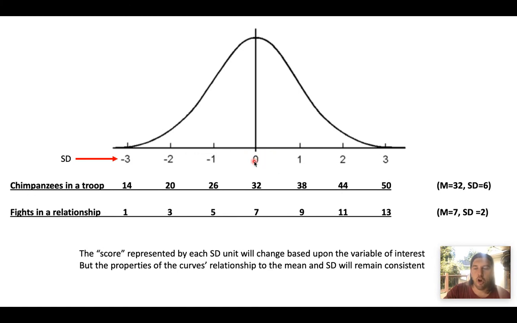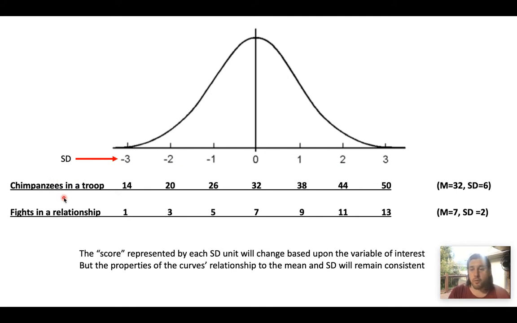And you'll often see these marked with the 0, 1, 2, 3, and negative 1, 2, 3. When you see this curve start with a 0 in the middle, that means we have standard deviations along the x-axis. Now, if we fit variables to it, it might look like this.